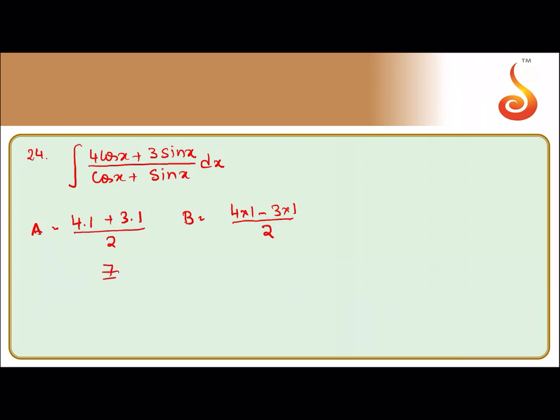This is the value of A. Value of B will be 4 into 1 minus 3 into 1 divided by 2. So we get 7 by 2 x plus 1 by 2 log of sin x plus cos x plus c. This is also an expected problem in examination.